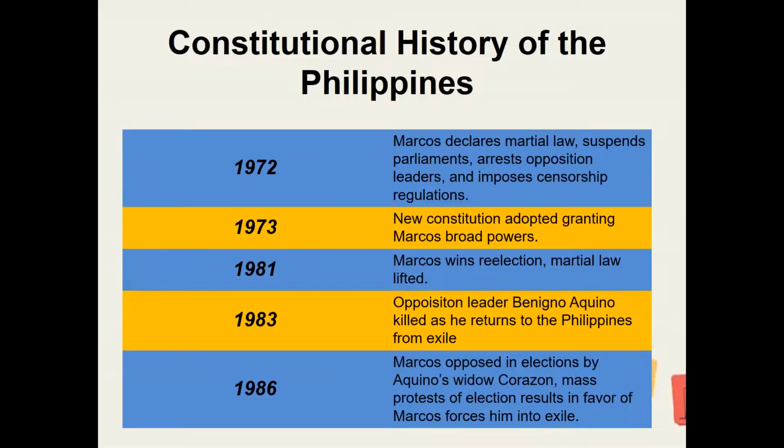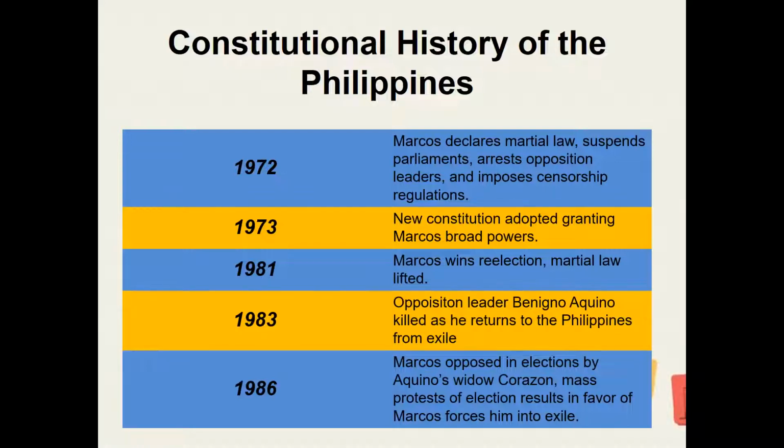On September 12, 1972, martial law was declared, suspending parliament, arresting opposition leaders, and imposing censorship regulations. In 1973, a new constitution was adopted, granting Marcos broad powers. Why? Because in 1972, that was supposed to be the last term of President Marcos.